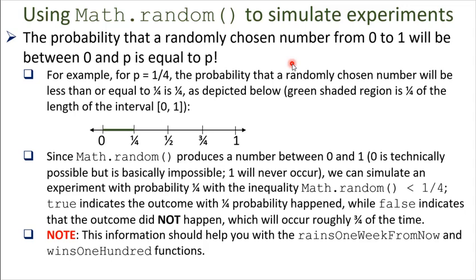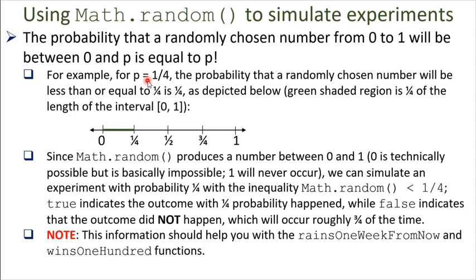But another thing you might want to do, like we had for the roulette game, is simulate something that has a certain probability. So for instance, let's say you have something that has probability of 1/4, and you want to know if it occurs or not. We had something like that in the rains 1 week from now problem.